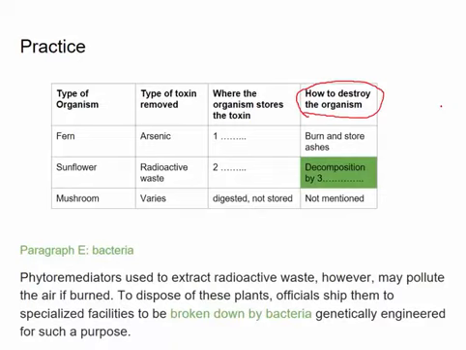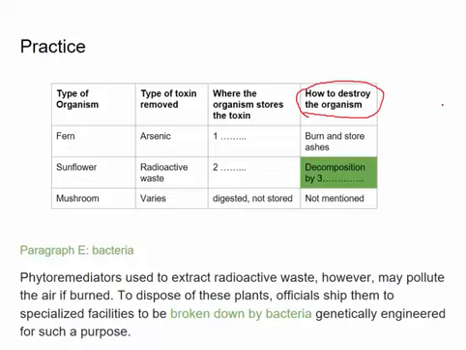So they need to be removed and destroyed in some way. And the article describes that process for all of our organisms mentioned, except for the mushroom. It's not mentioned about the mushroom. For ferns, the article says that they are burned and you store the ashes somewhere. Okay, so that's the strategy for removing ferns that contain these toxins.